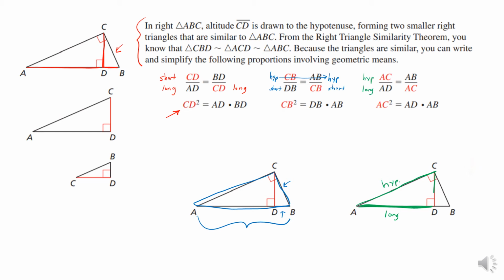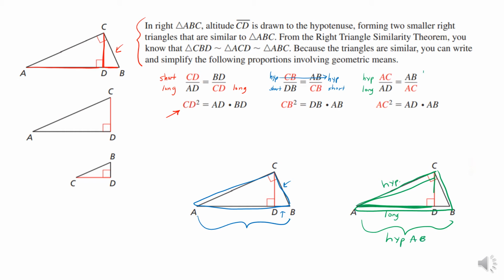And then I look at AC again. Where is AC, my long leg? So AC is the long leg for the biggest triangle, the one that goes like this. Okay, so now we're going to use that one, and if we look at the hypotenuse of that one, it is AB, sorry.